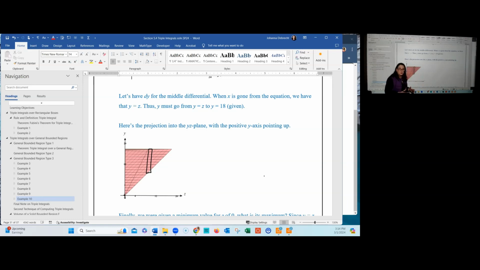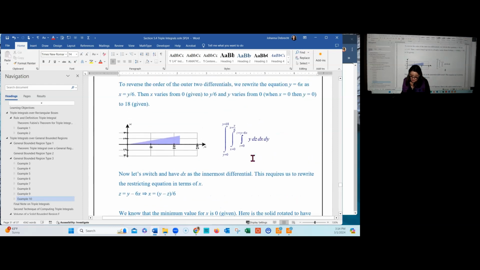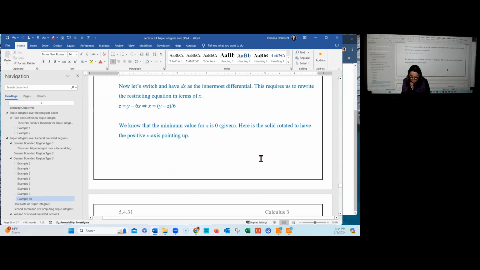Now, the last thing we have to determine are the limits of integration on the outside. Let's go ahead and write down what we've figured out so far. So what we got from the beginning part is we're going to go with respect to x first, which means that x is going from 0 up to y minus z divided by 6.